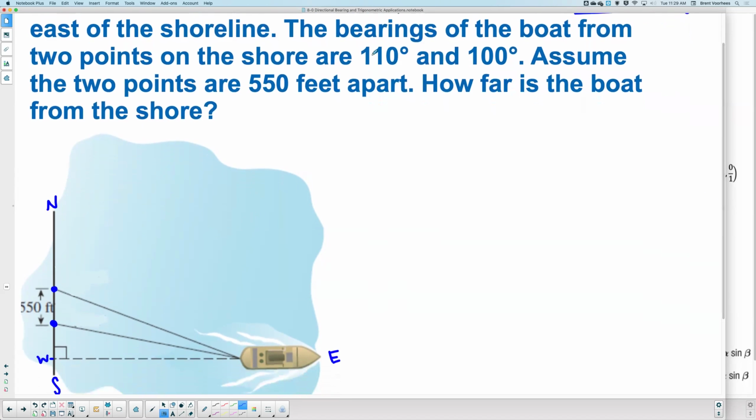So if it just says 110 and 100, where do you assume it's coming from in a real world problem? What direction do we start at? North. So draw an arrow from the north that curves to your line like that and put 110 degrees. And the second is 100.